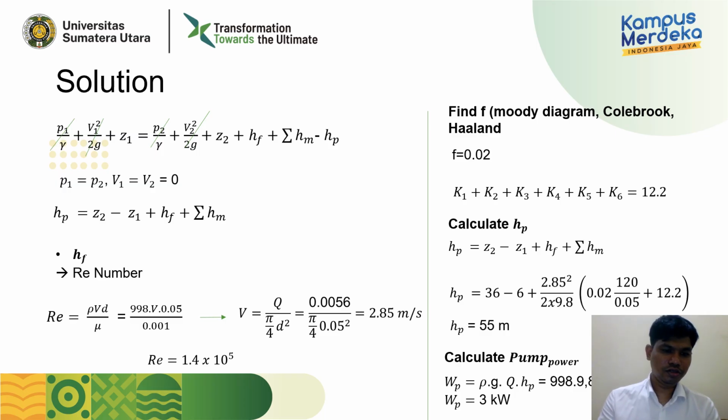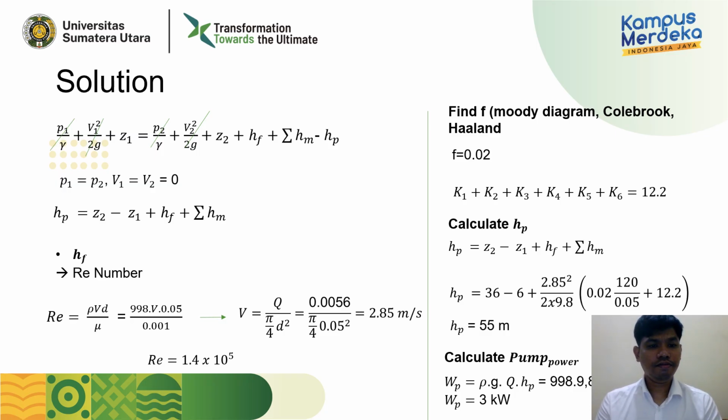We use this in these equations and get a Reynolds number of about 140 thousand. Then with the Moody diagram, the Colebrook formula, or the Haaland formula, we find the friction factor.